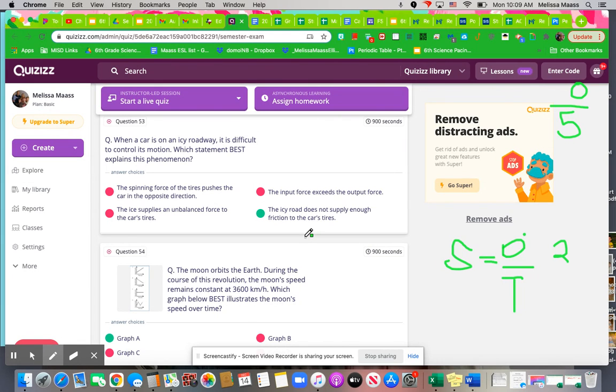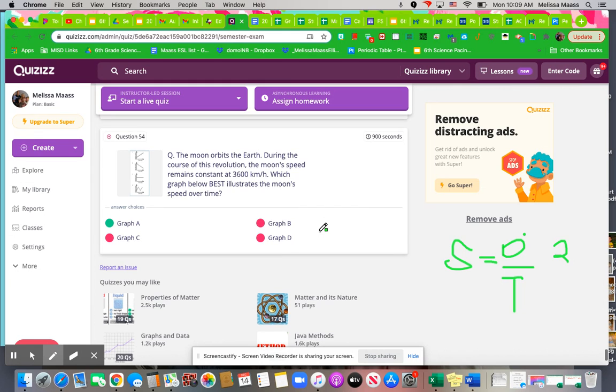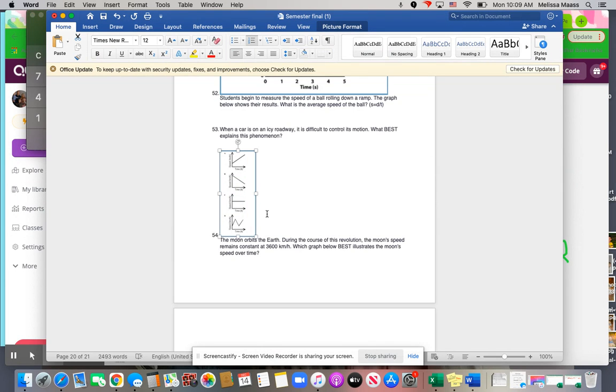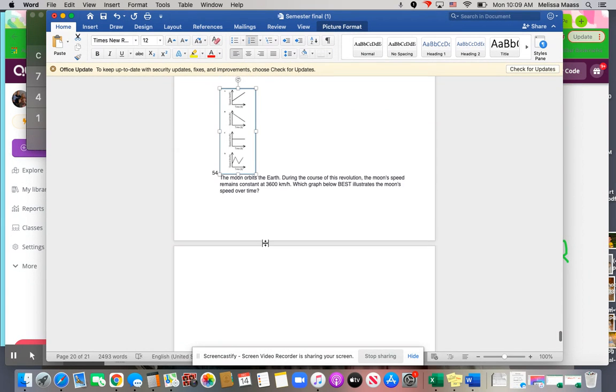It can control the icy roadway if it had friction, but this example is telling you that it's difficult to control its motion because of friction. So the icy road does not supply enough friction to the car's tires, and therefore the car kind of swerves everywhere.